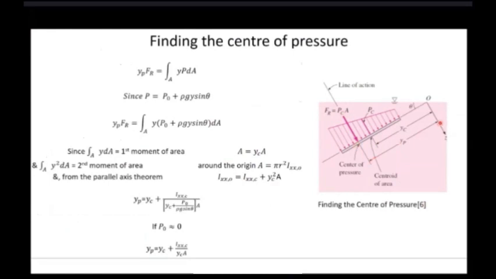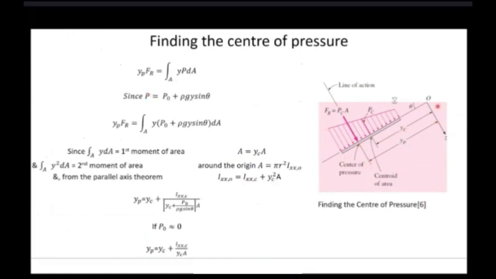And that is located a distance yp from the origin. So on the previous slide, we were talking about the centroid and we said that was a distance yc from the origin. We have now got a representation of the total force, and that is located here at the centre of pressure, which is a distance yp from the origin.